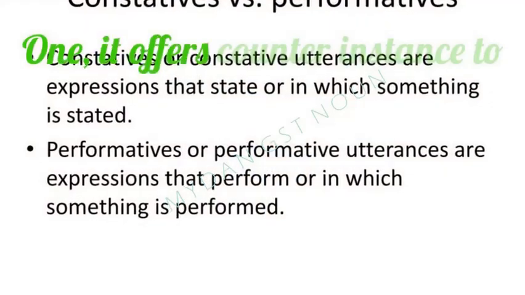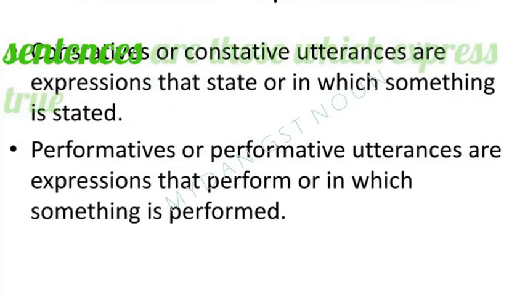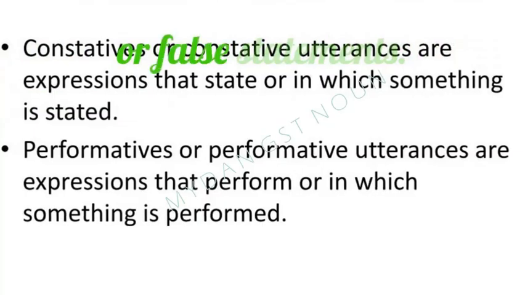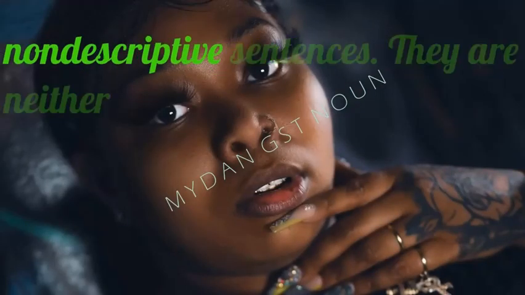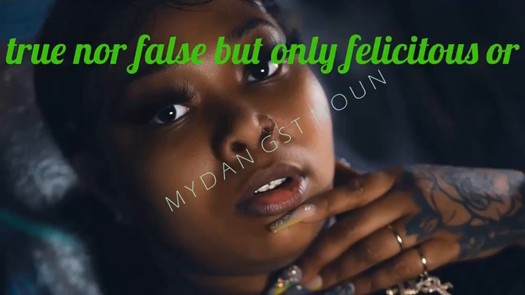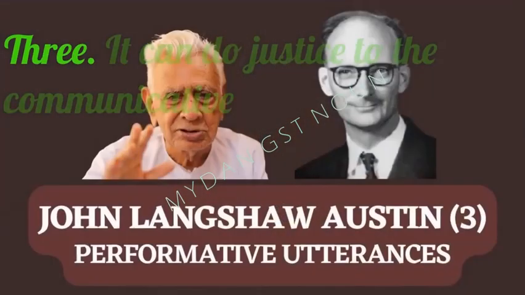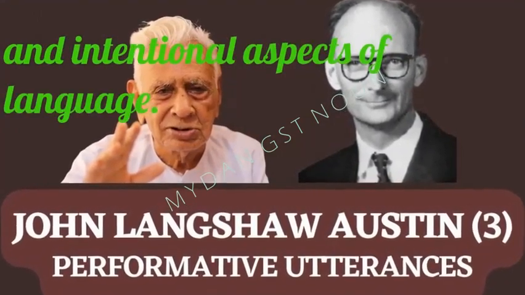1. It offers a counter-instance to the verificationists' claim that only meaningful sentences are those which express true or false statements. 2. It belongs to the category of non-descriptive sentences. They are neither true nor false, but only felicitous or infelicitous. 3. It can do justice to the communicative and intentional aspects of language.